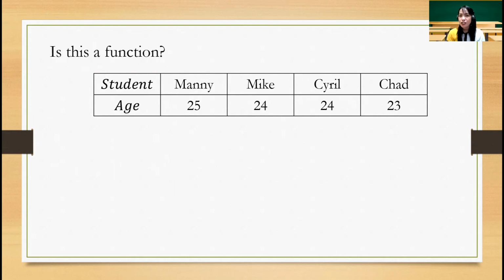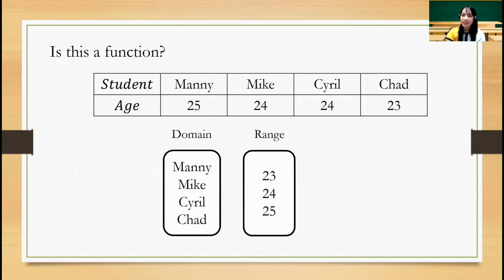Is this a function? Let's use an arrow diagram. We have the domain and the range. We have to pair the students to their ages. So we have si Manny, 25, si Mike, 24, si Cyril, 24, and si Chad, 23. Isa-isayin natin. Dapat isa lang yung ka-pair ng kada element sa domain.